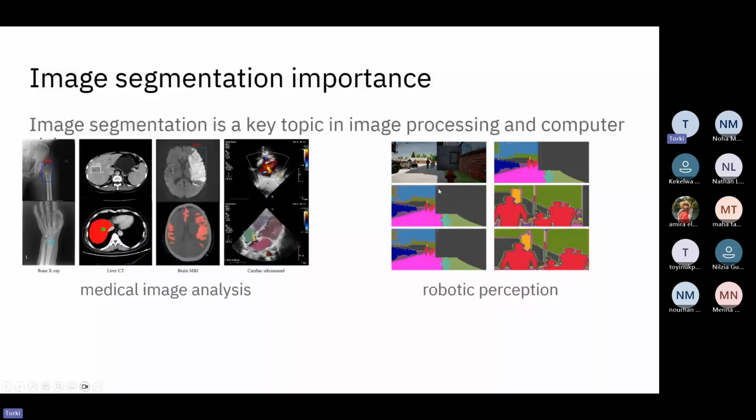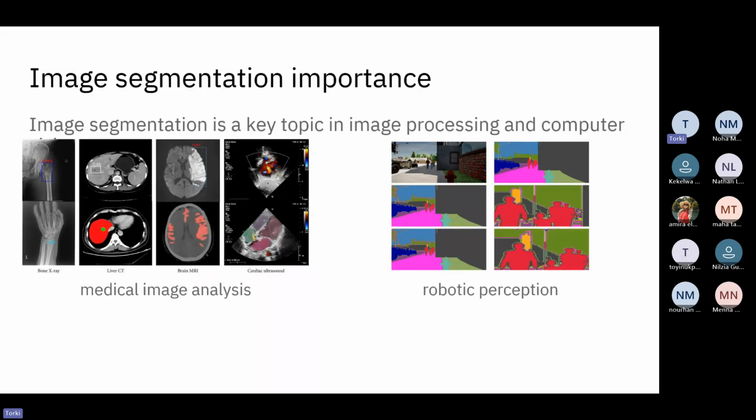Okay, so the goal here for now is to group the pixels that belong to the same class and give them the same color code. That is the task that we are going to solve. And we call this one semantic segmentation.